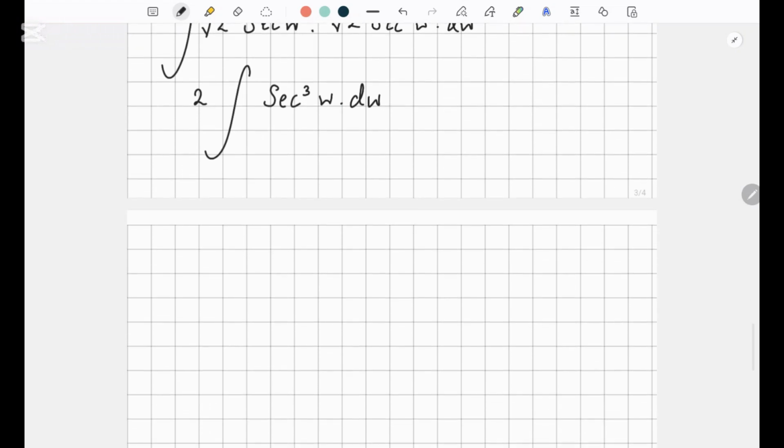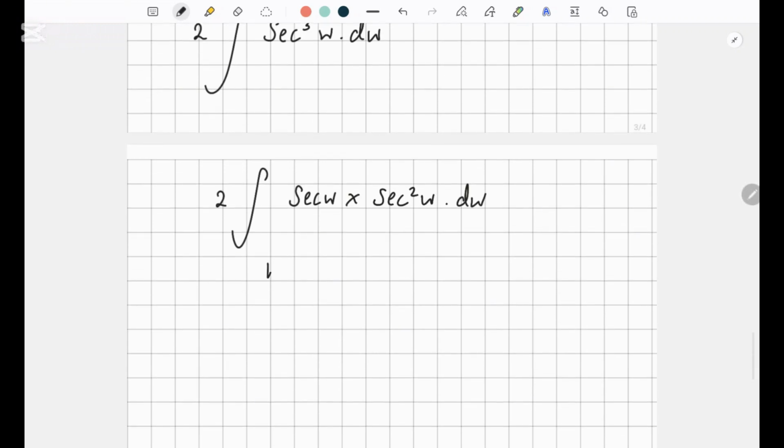And how do you do that? So I'm going to use integration by parts. So I could write this as sec w into sec squared w, right? So I'm going to take u as sec w and dv over dw as sec squared w.